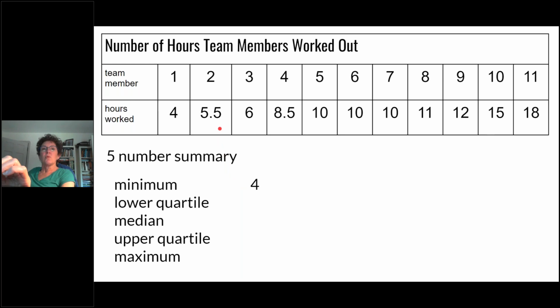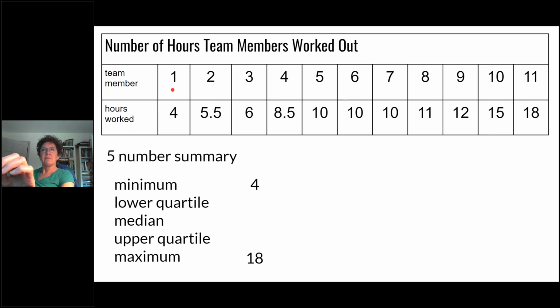The lower, oops, nope, I don't want to do that next. I want to do the maximum because that's very obvious. I don't have to do much thinking about that. So what is the maximum? 18, the greatest number. And then the median, that's pretty easy to find too.